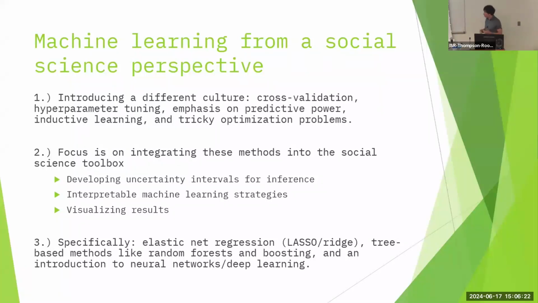In a computer science presentation of machine learning, there's just going to be a very different set of emphases. Certainly not wrong, it's just that it may or may not be so useful for us. The kinds of questions that we care about and the things that we want to do, there are strategies for adapting machine learning methods to those demands, but we have to talk about those, of course, right?